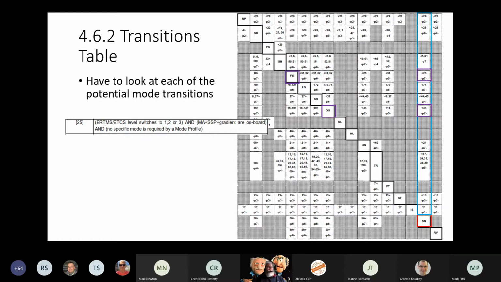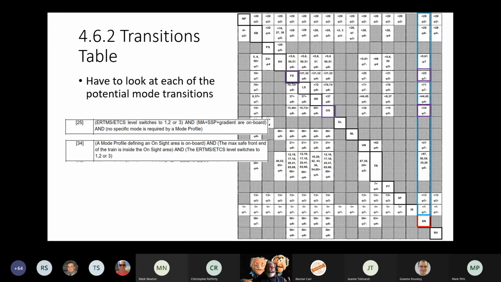We've got a movement authority and the track description stored on board, and no other mode is commanded by the information within the movement authority. So the normal transition would be to go from SN to FS, subject to having a movement authority. If, however, the mode profile is also stored, then you'll go to OS, on-sight. So those two modes are available if we have a stored movement authority, FS or OS.